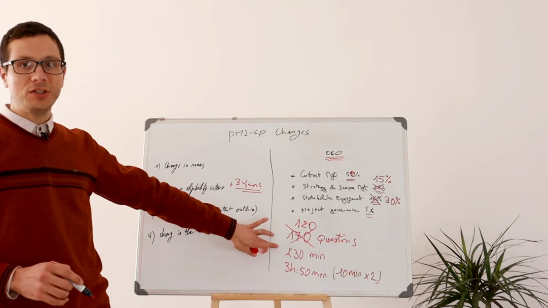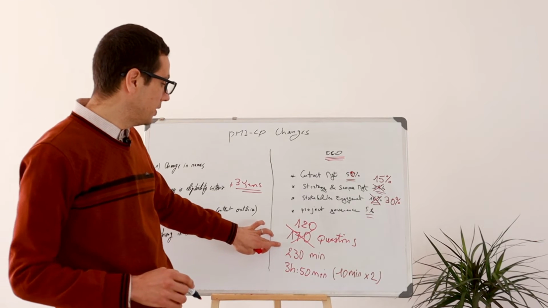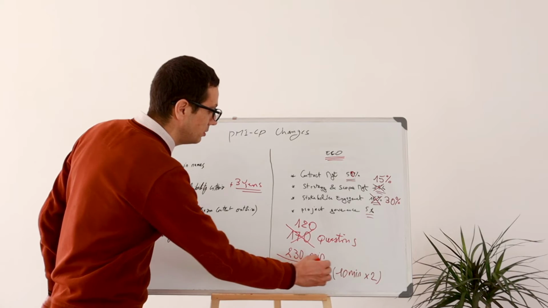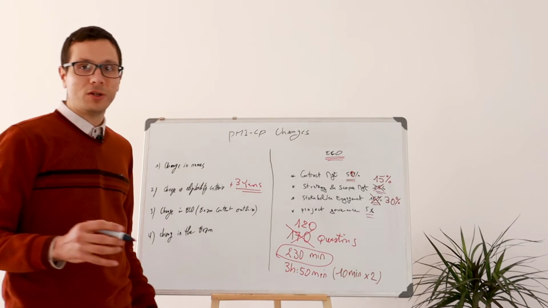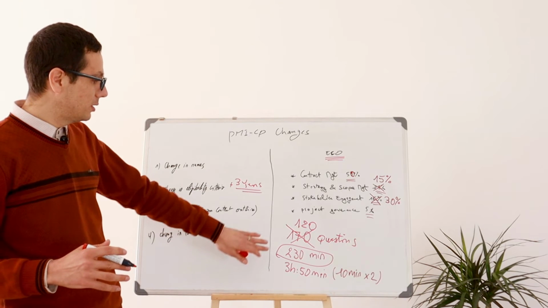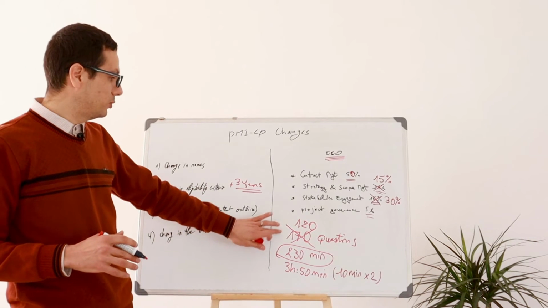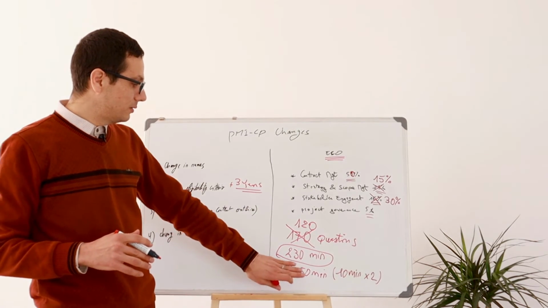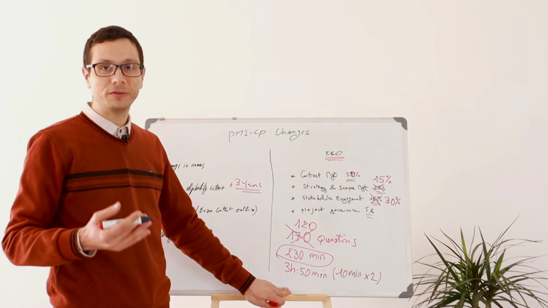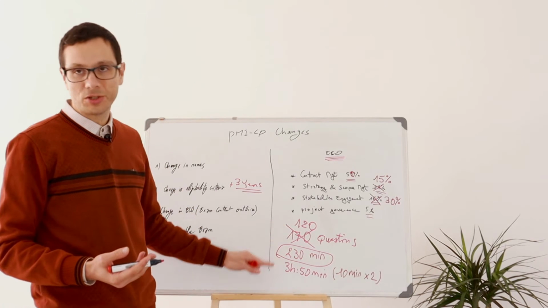So 50 questions are removed from the exam, and the duration remains the same, which means 3 hours, 50 minutes, which means that you have plenty of time to finish all the questions.